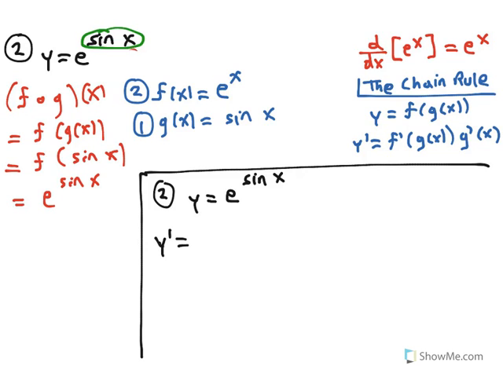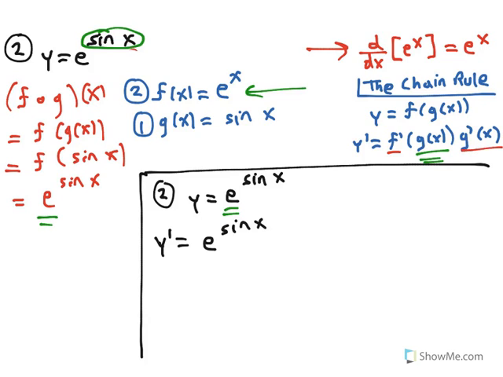So the chain rule says you need to take the derivative of the outside function, evaluate it at the inside function. Our outside function is e to the x. So the derivative of the outside function is itself, but we have to evaluate that at the inside function of sine x. So that will be e to the sine x.